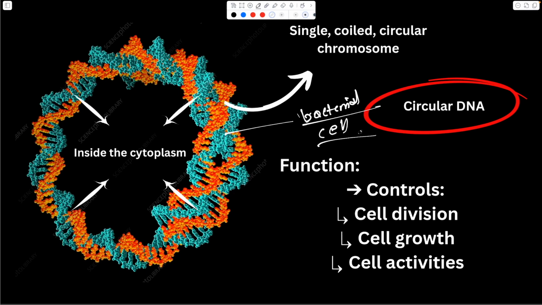So what is the function of circular DNA? Same as the nucleus, it holds the genetic material. You can see how bad my drawing was, but stay with me. So it also participates in cell division, cell growth, and cell activities, same as the nucleus.